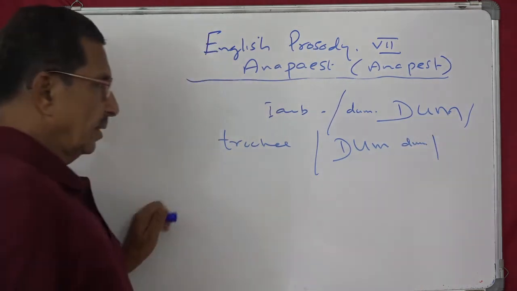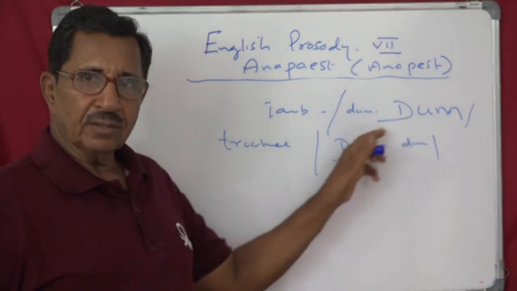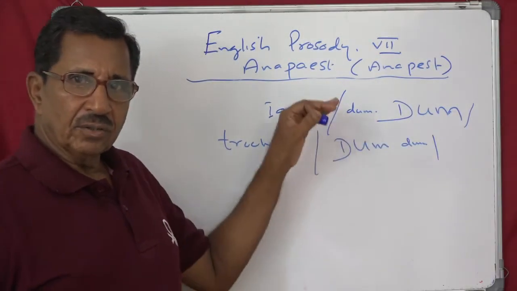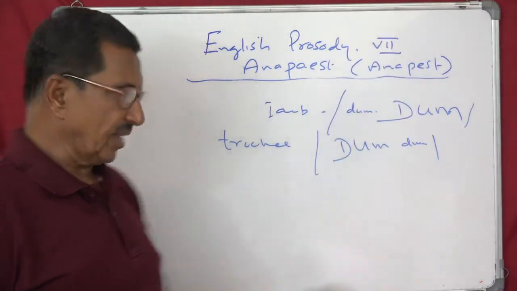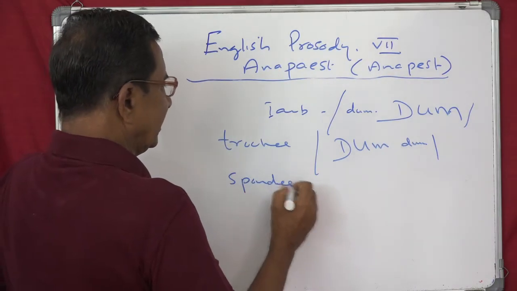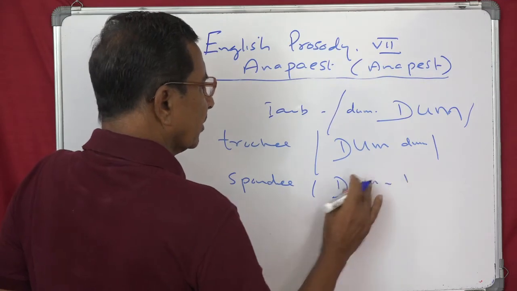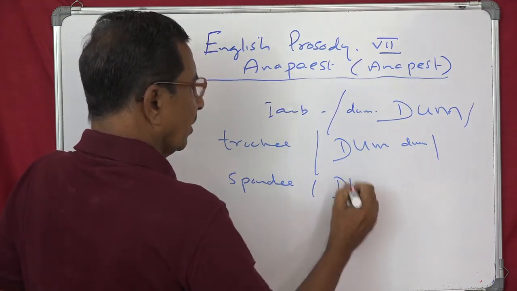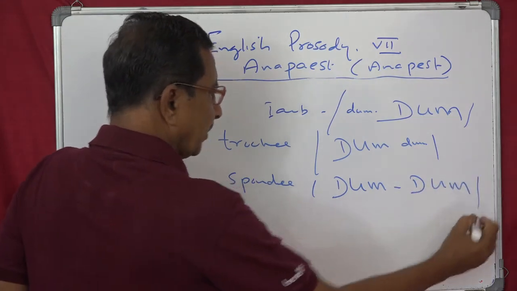See that? Dum, dum. This one is falling rhythm. This is a rising rhythm. Okay. Then spondee. Spondee is even. No? Dum, dum. This is spondee.